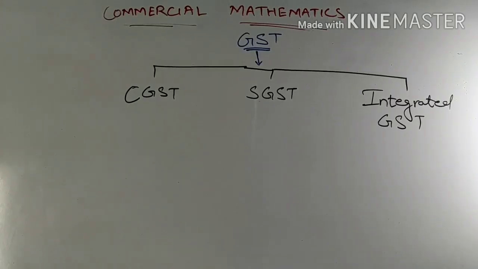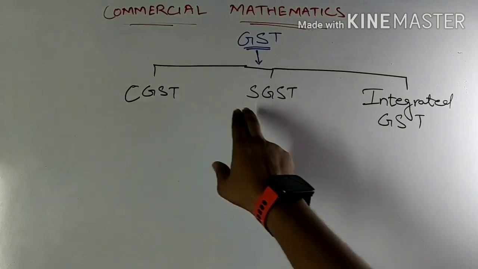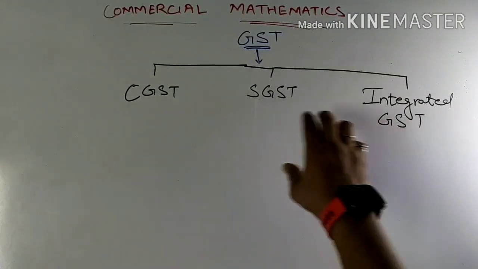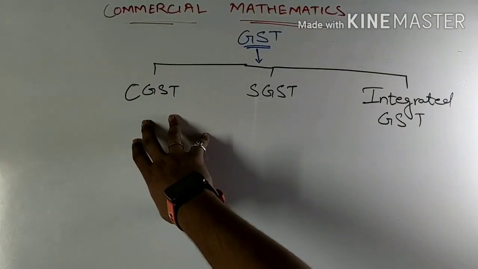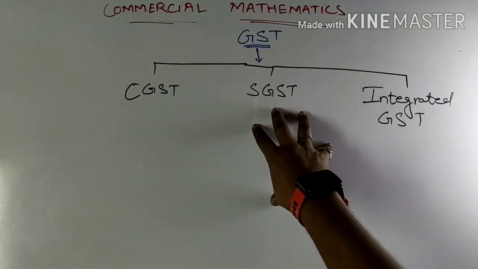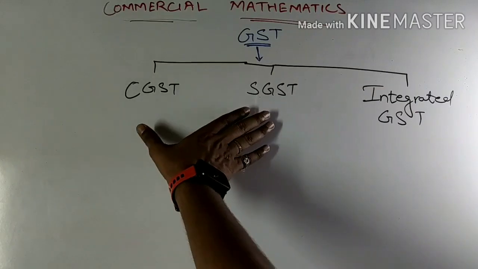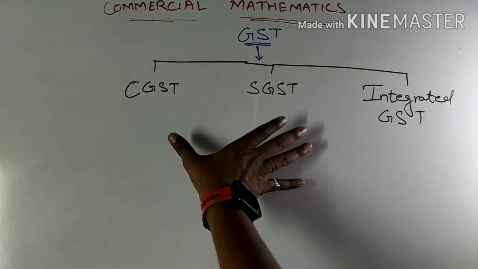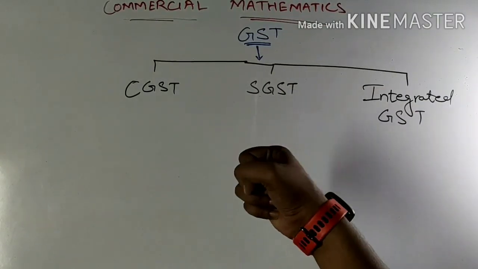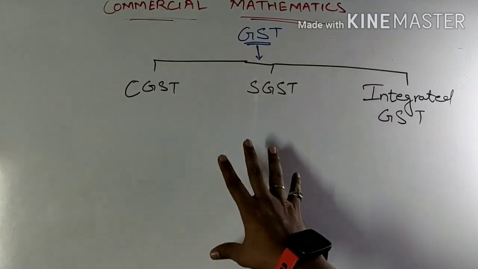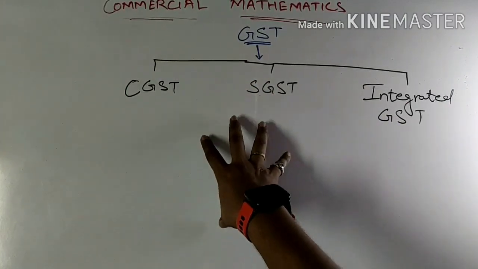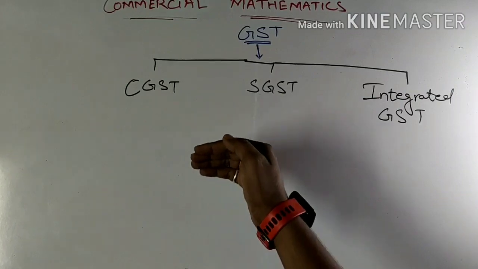GST is classified into three types: CGST, SGST, integrated GST. CGST is the tax that goes to the central government. SGST is the share of the tax that goes to the state government. And these two taxes are involved when there is service or good transaction within a particular state, or you may call it intrastate.